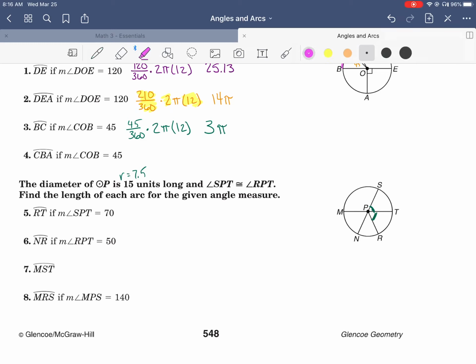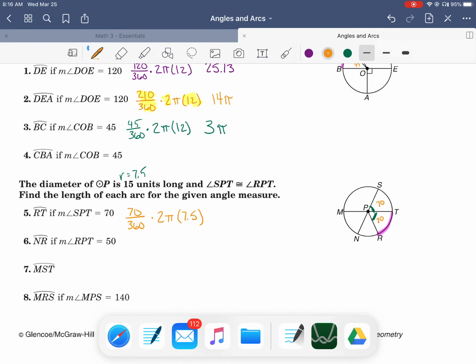Okay, so if I want to find the length of RT, it says SPT is 70. If SPT is 70, so is RPT.